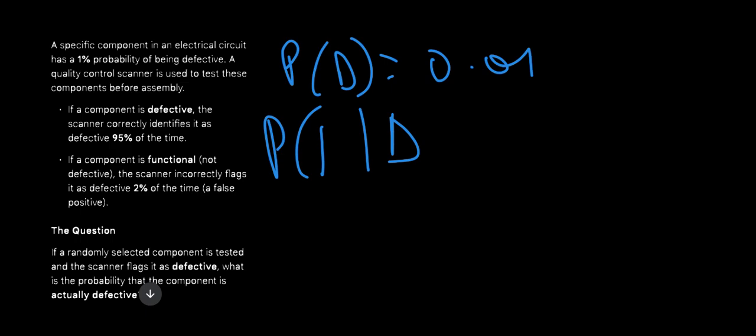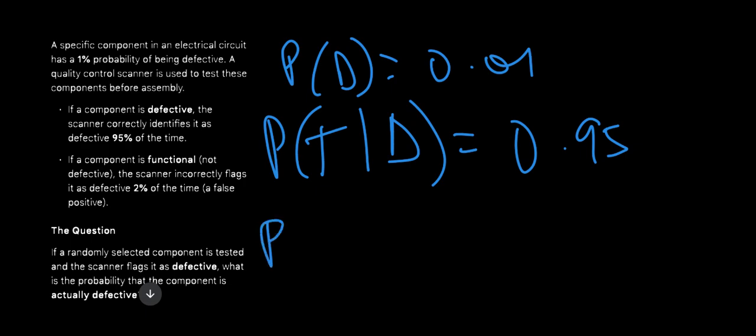So let's label this as true. So given that it is defective, the probability that it identifies it correctly, or truly, is 0.95. Right? Now, it says if a component is functional, which is not defective, the scanner incorrectly flags it as defective 2% of the time.